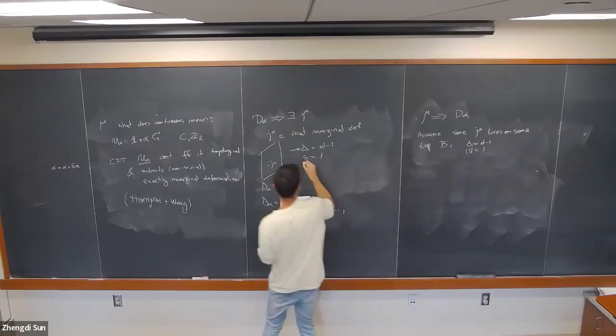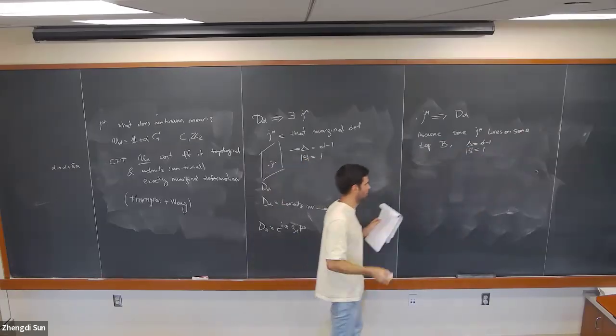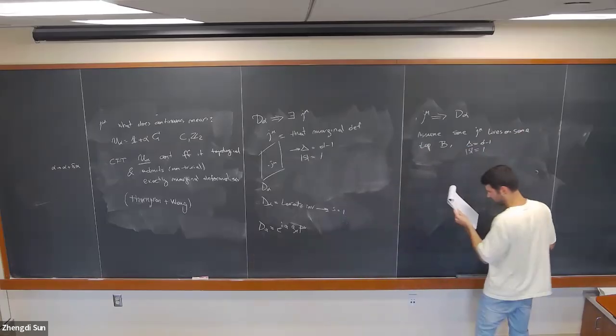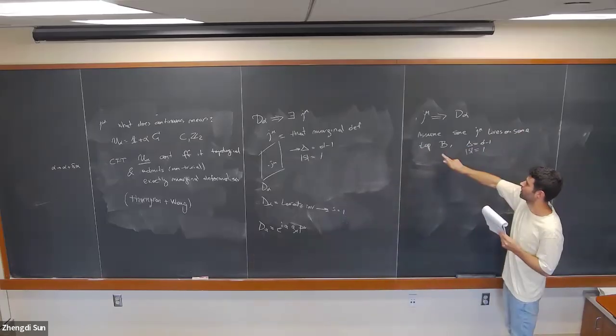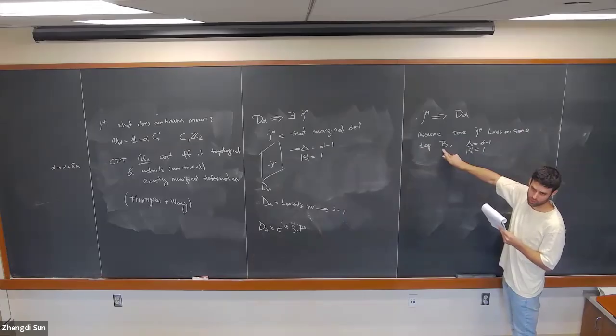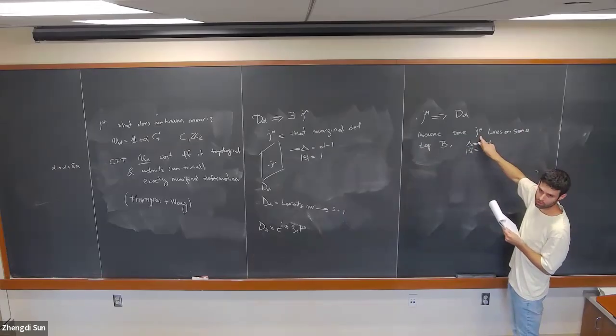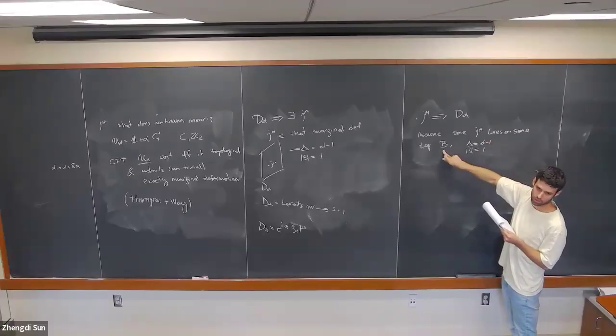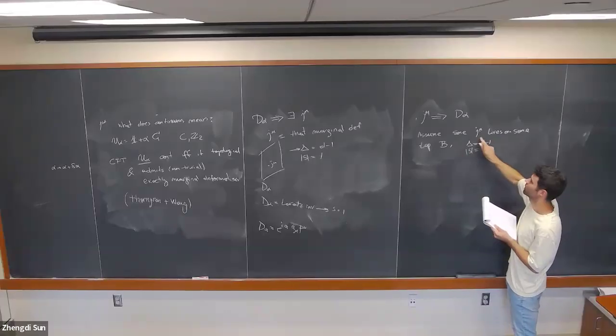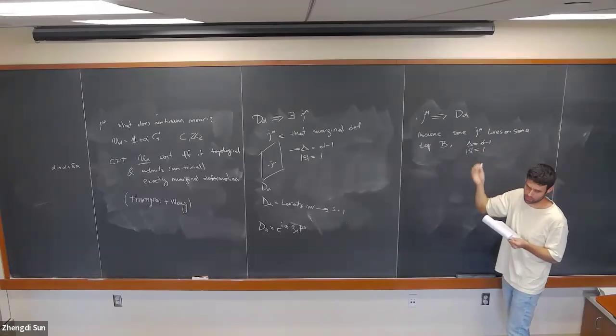Actually, I should have written plus or minus 1 if you want to do 2 dimensions. The defect where the current lives could be the trivial thing, and then in that case J would be single valued, or it could be a non-trivial topological defect, and then J would have a branch cut, which is basically B.